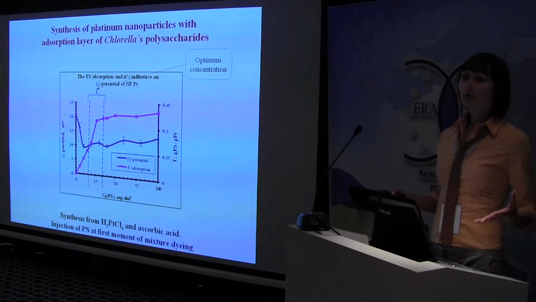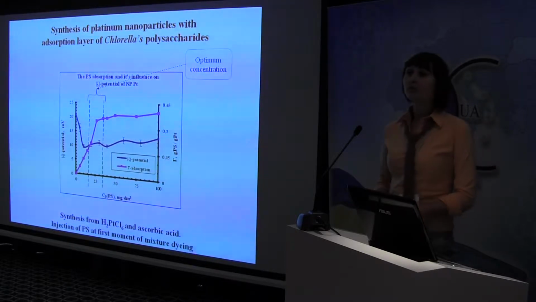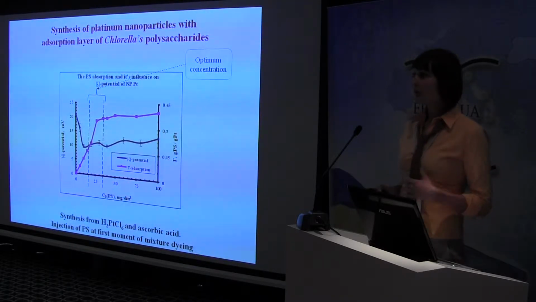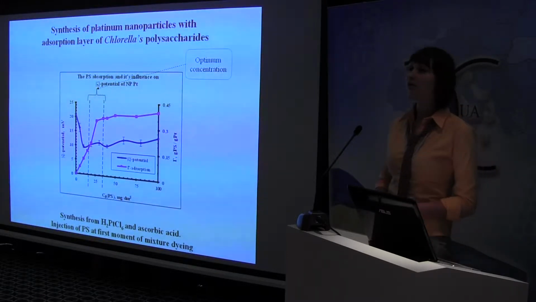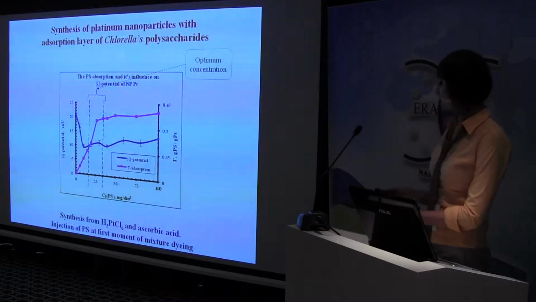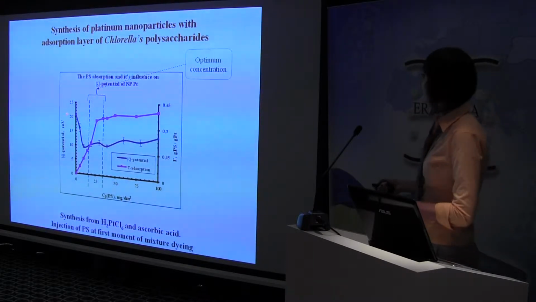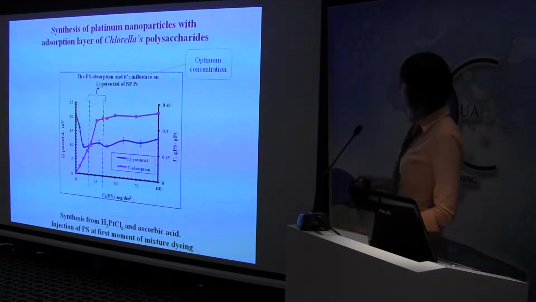So how do we form our adsorption layer? Adsorption of polysaccharides leads to a change of the electrokinetic potential of nanoparticles. So we choose the optimum concentration in the area of maximum change of electrokinetic potential, at the beginning of saturation, in terms of Langmuir-type adsorption.